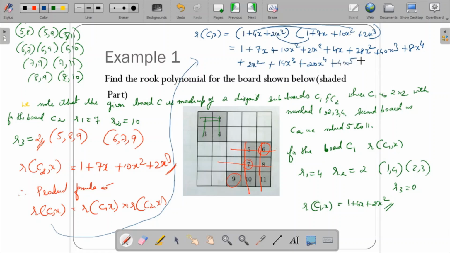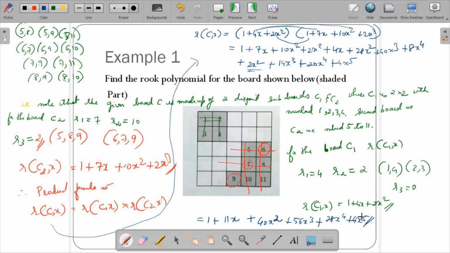Now write it again, reorder it and write it. So this would result in 1 plus, check for any x terms, 7x plus 4x is 11x, so 1 plus 11x, plus add the squares, 10x square plus 28x square plus 2x square, so that would result in 40x square, plus 56x cube plus 28x to the power 4 plus 4x to the power 5.